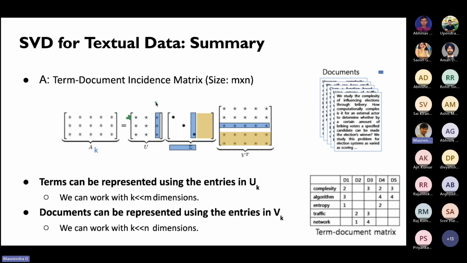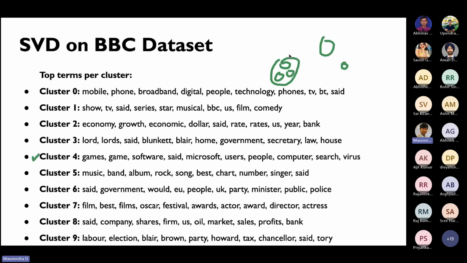So each term is now a k-dimensional vector, and we use k-means clustering based on these vectors. So each term is now a fixed dimensional vector, and these vectors we input to k-means clustering and set k equal to 10. So we identify 10 clusters from it, and these are the 10 clusters.